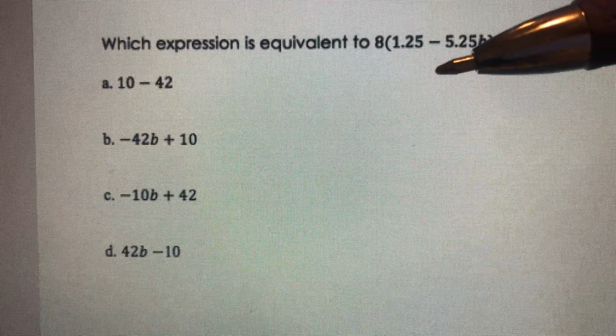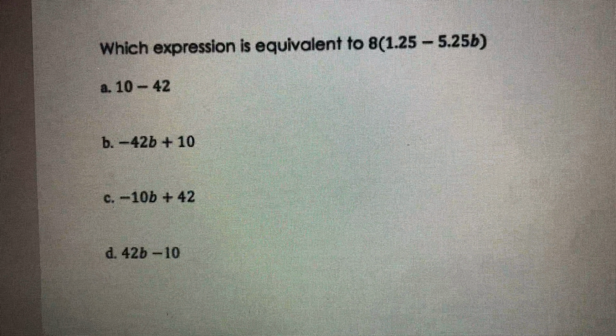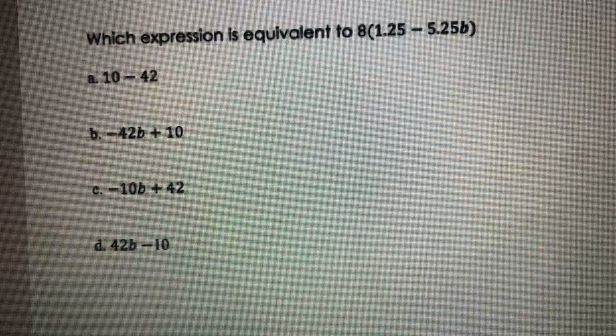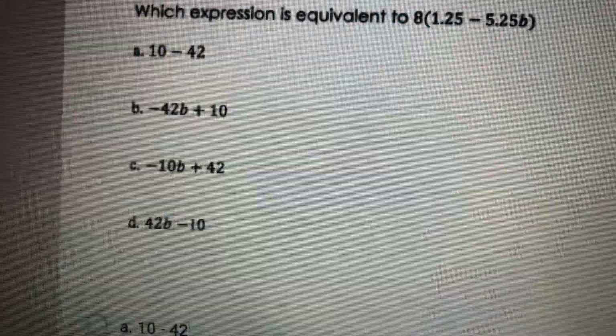So this right here is the distributive property. So what we're going to do is we actually have to multiply to see which one is actually equivalent to this expression. So on the side, I have my notes over here.